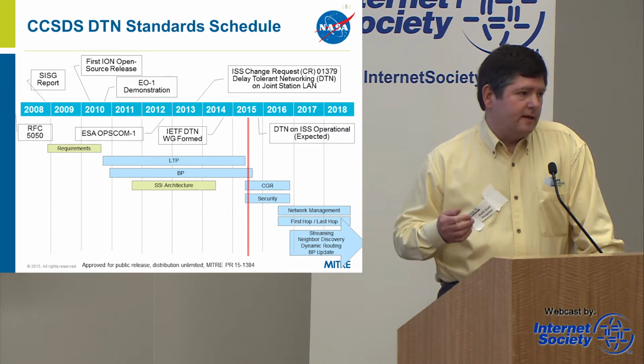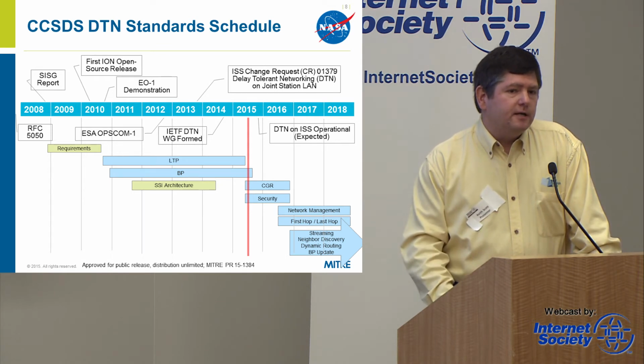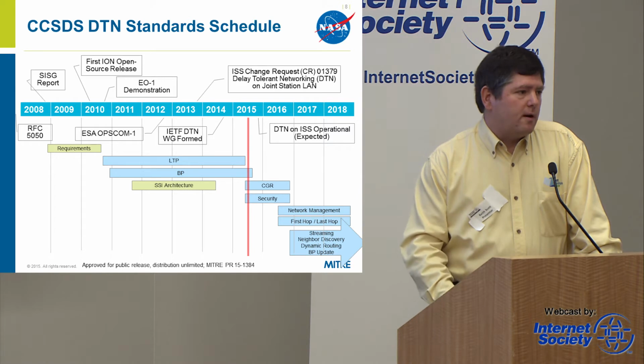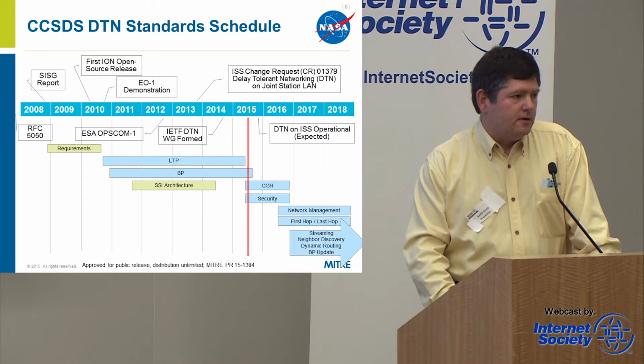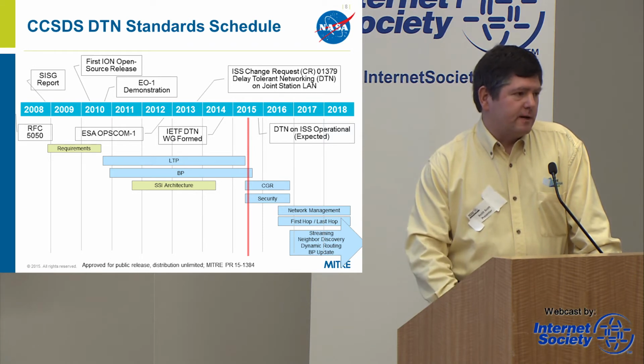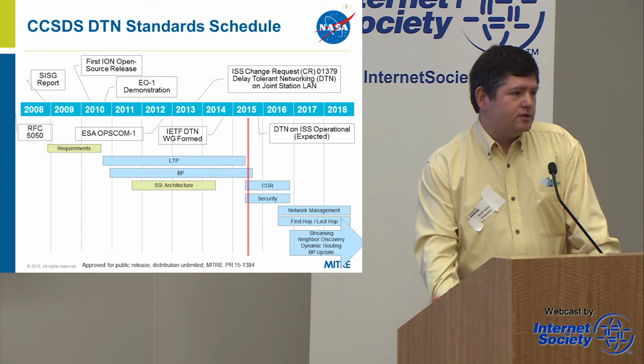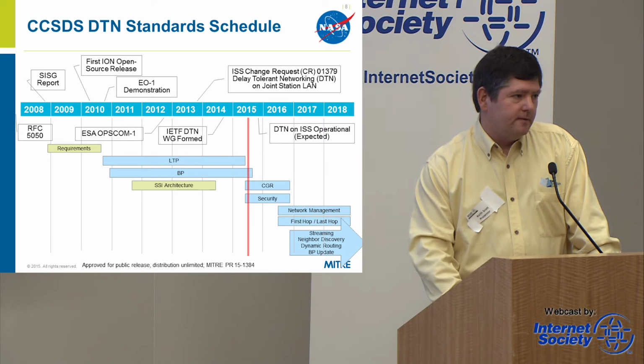And also looking at standardizing a security mechanism, that's going to be a little bit different in that we probably can't take just the streamlined bundle security protocol that will eventually come out of the IETF. I suspect the IETF is going to make a couple of changes to the way the bundle protocol works in order to support security.